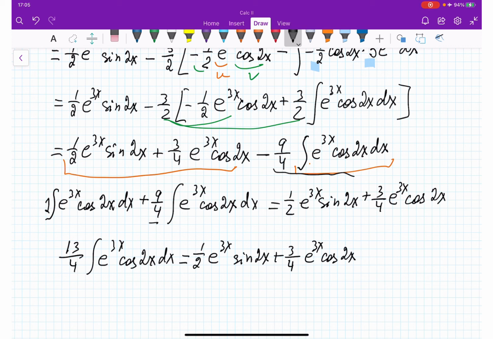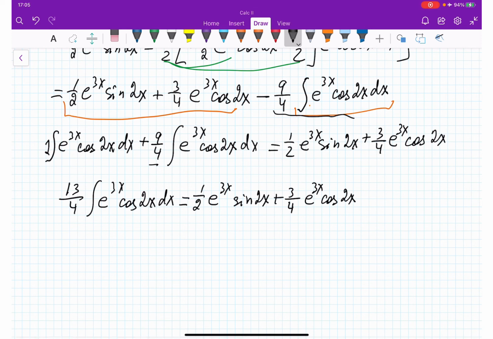Okay, so once we divide every single term by 13/4, I can write it this way.